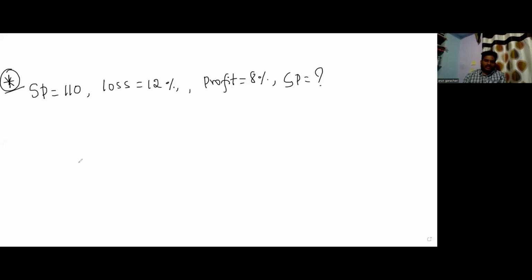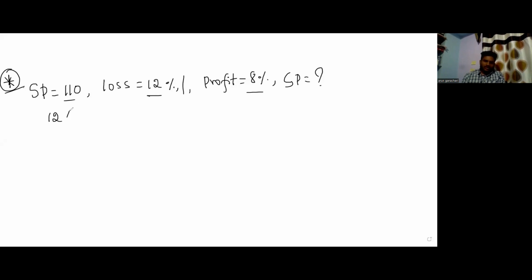Okay, so what they're telling you is that there are two transactions taking place. They're telling you the article was sold at 110 and the seller got a loss of 12%. If he had to make an 8% profit, what should have been his selling price? Now we'll take the first transaction first.